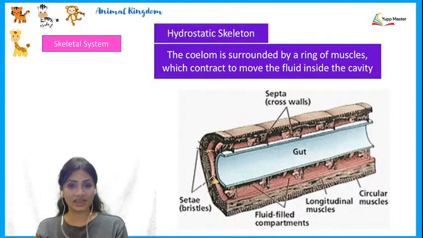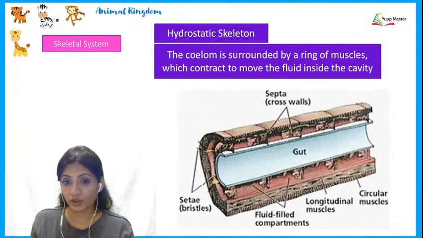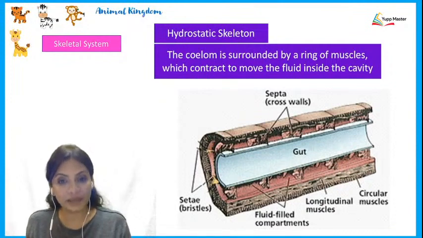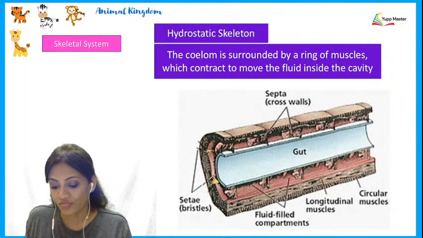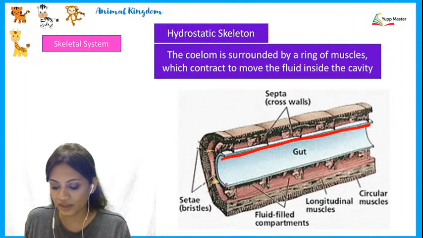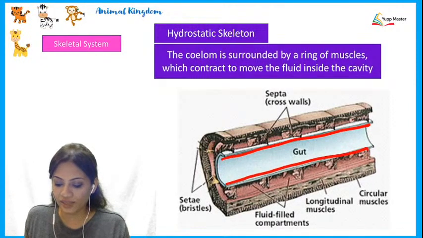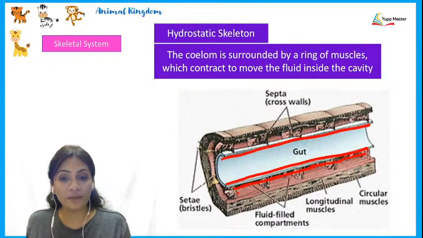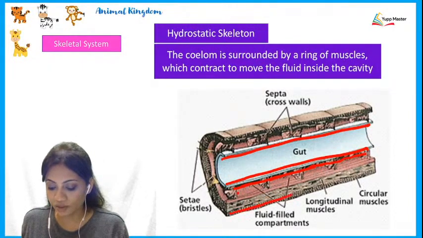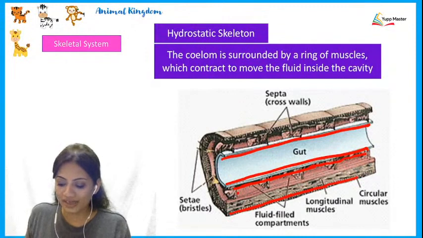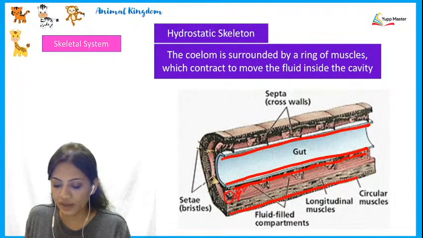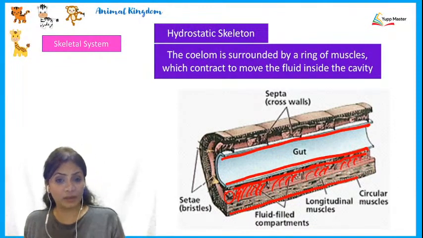Look at this diagram where you can see how the coelom is present. This is one body cavity, that is the gut, and there is a part of the mesoderm around the gut. There is also a part of the mesoderm around the body wall. So this region here is completely empty, filled with coelomic fluid.